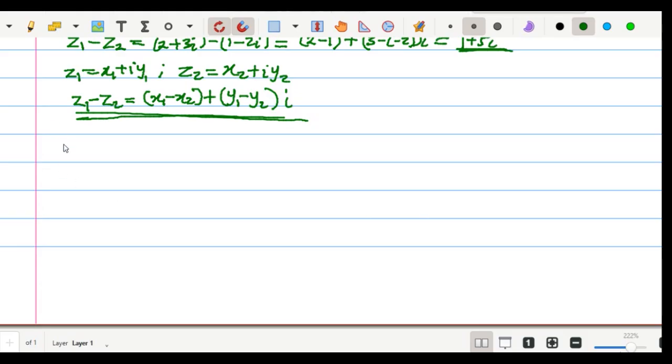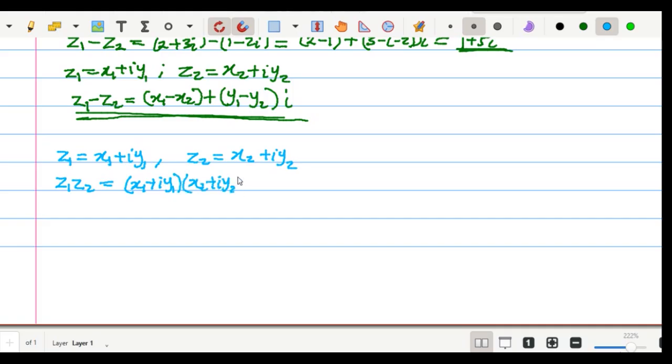So next we are going to be looking at multiplication of complex numbers. So for instance, you have z1 as x1 plus iy1, then you have z2 to be x2 plus iy2, then what is z1 z2? You are multiplying x1 plus iy1 to x2 plus iy2, which is going to be this times this, x1 times x2, we have x1 x2, plus now we are going to multiply across these other ones.